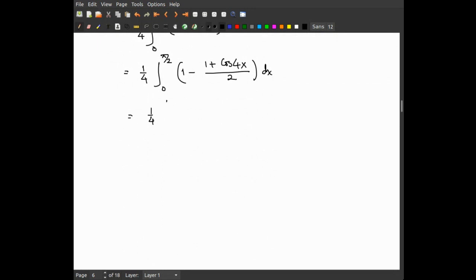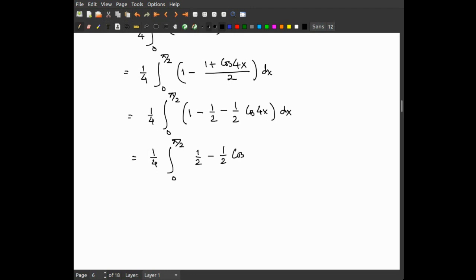So we have to simplify. So 0 to pi over 2, 1, distribute the denominator, so that means 1 half, minus 1 half cos 4x. Now what do you do? Take this, 0 to pi over 2, 1 minus half, that means 1 half, then minus 1 half cos 4x dx.